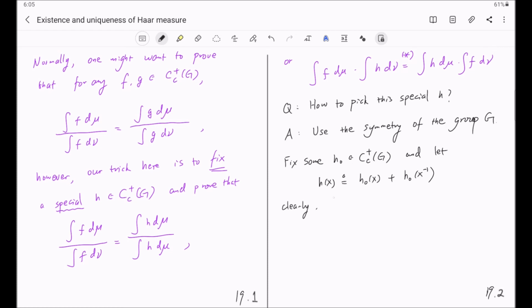Clearly, h is again in C_c^+(G). This is essentially due to the fact that the inverse map sending x to x inverse in G is a homeomorphism for a topological group.